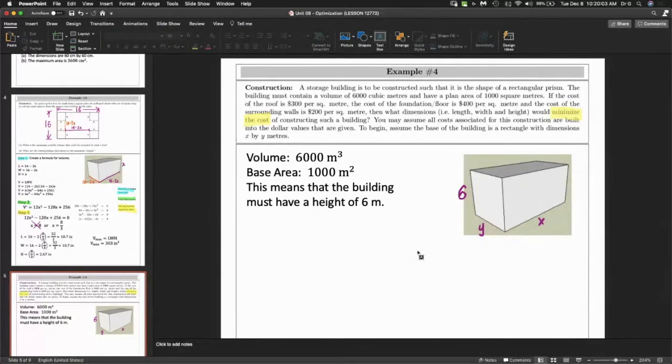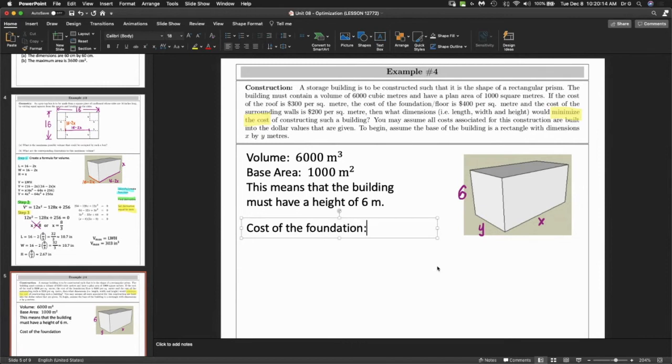So let's take a look here. Let's talk about the cost of the foundation. What's the cost of the foundation? Anybody? It's $400 per square meter. Let's put that down. $400 per square meter.